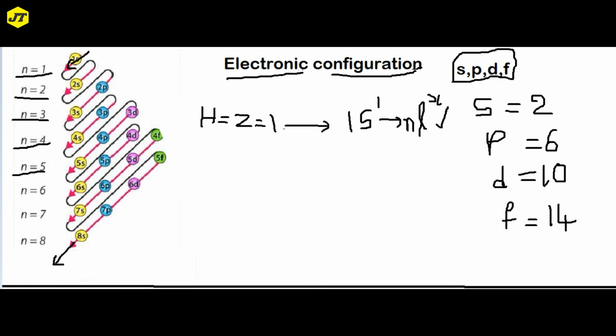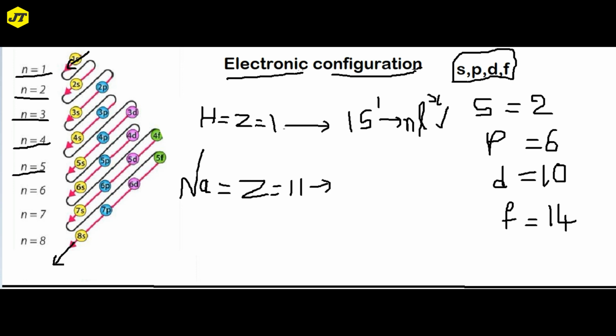So next, the sodium atom. The atomic number of the sodium atom is 11 and the number of electrons present is 11.